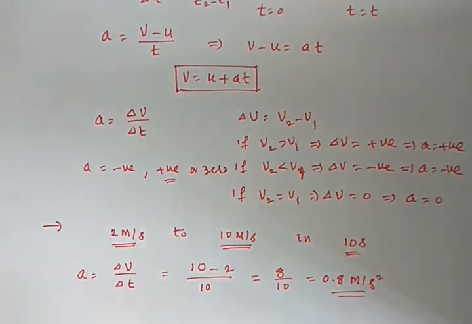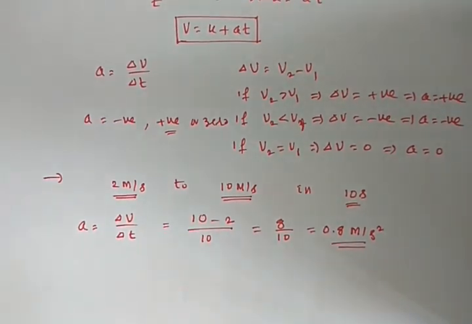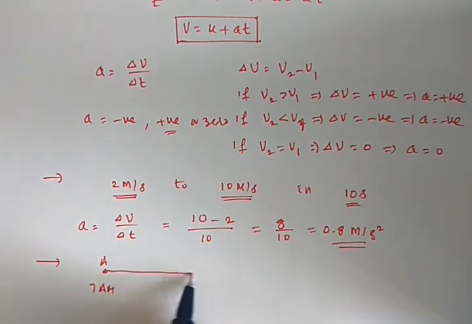So look at the next problem. A train started at 7 a.m. and reached its destination at 9 a.m. Say a train started at 7 a.m., let's say at point A, and it reached destination point B at, let us say, 9 a.m., and the distance between A and B is 85 kilometers.